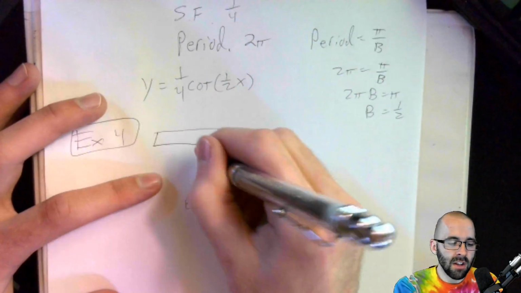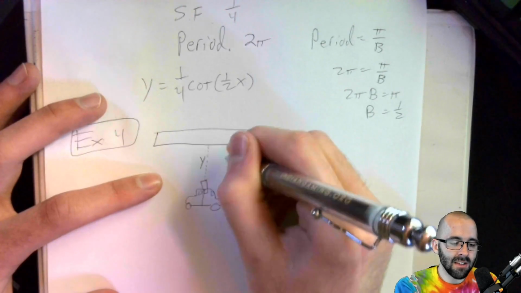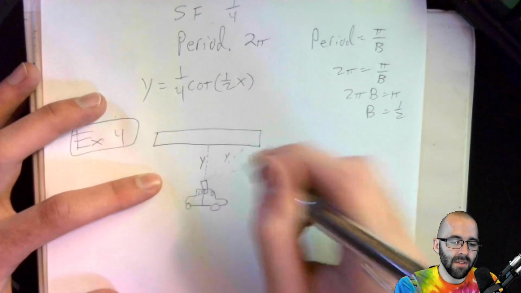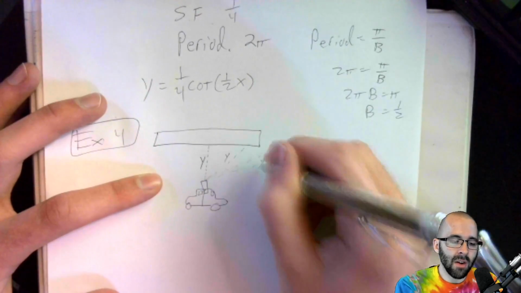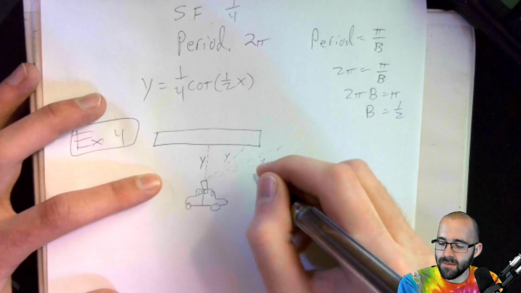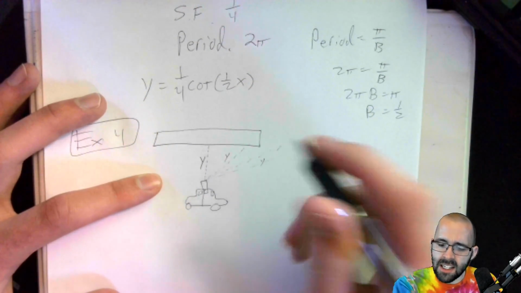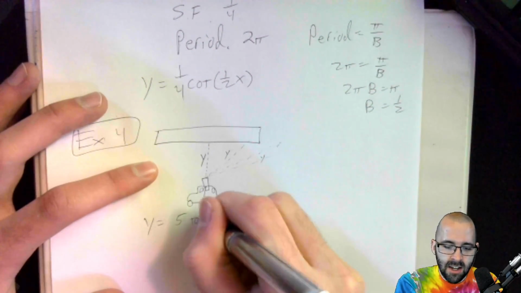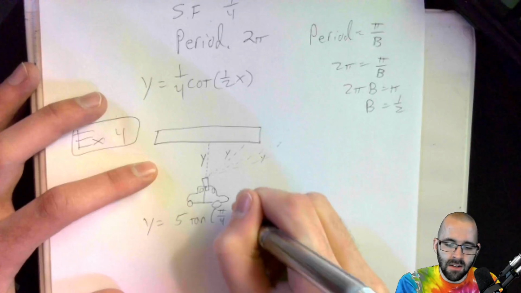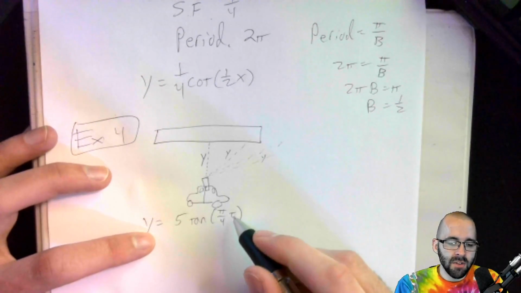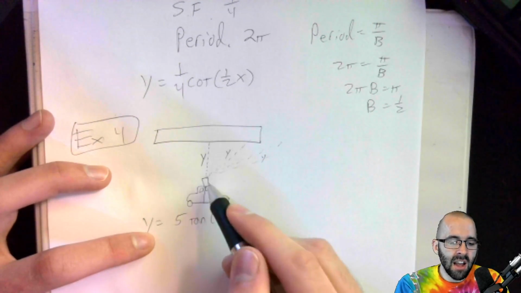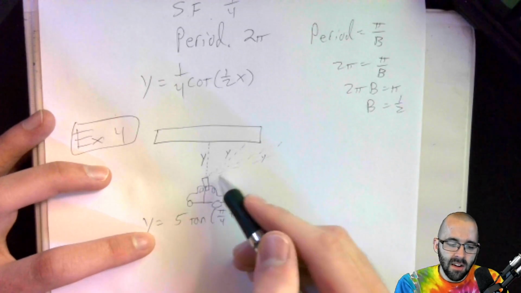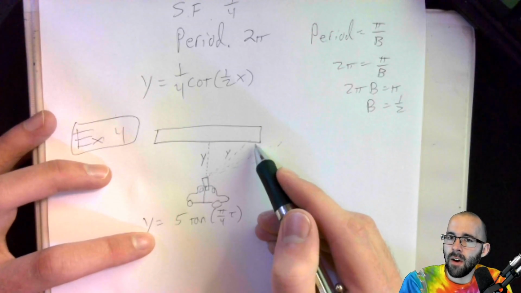But the function is always, what is the distance when we are at a direction x? Or is x direction? No, t is time. Okay, so our function is y equals 5 tangent of pi over 4t. As a function of time, it shows us how far the light is from the wall.